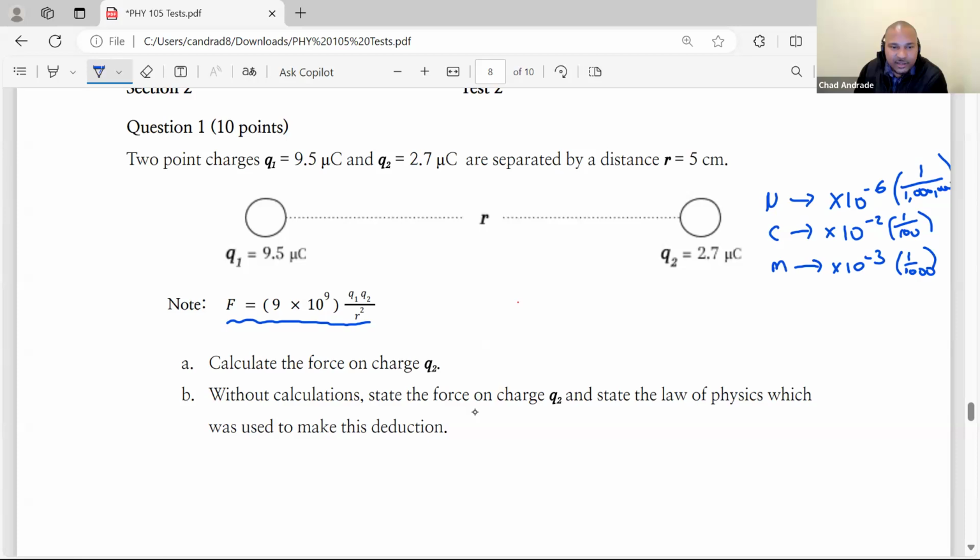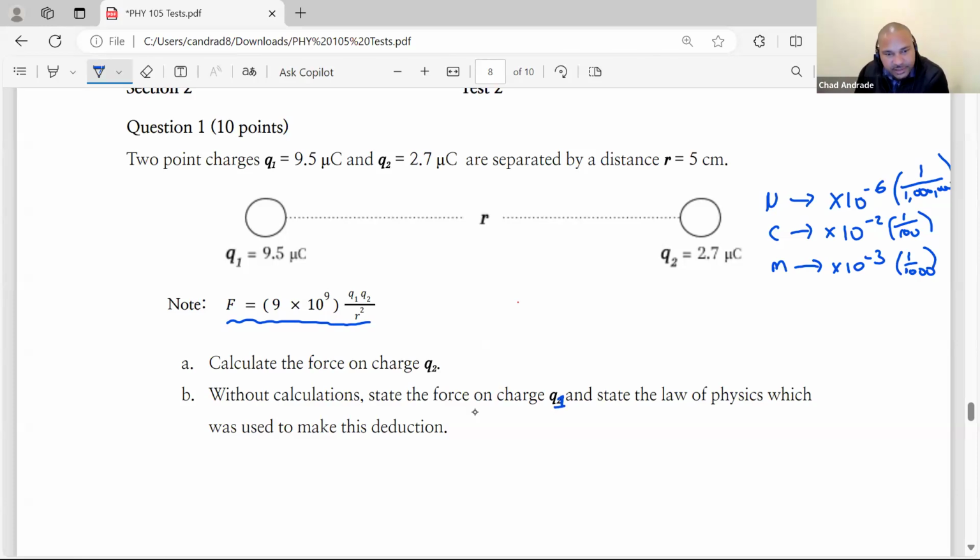And what we want is a value for Q1, a value for Q2, and a value for R, right? And for part A, it's really just plugging those values into the equation, right? So it says calculate the force on Q2. Oh man, I see another typo. This should say Q1. All right, so I'll put that right there.